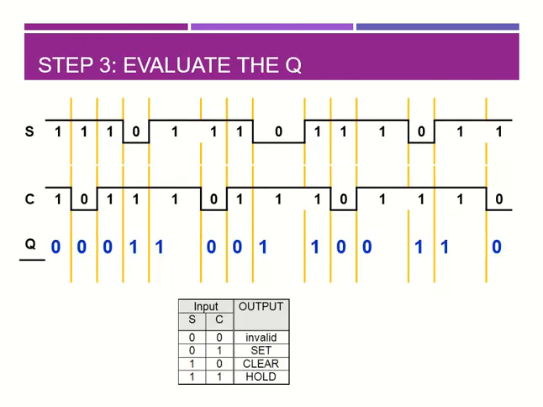Next, by using the truth table we generated, please remember this one. When you have 00, it's invalid, 01 is set, 10 is clear, and 11 is hold. So you just analyze step by step. This is 11, so it should be hold, but for the first step usually we will have a 0. Then the second one, S is 1 and C is 0, so I have 10. It is a clear, so you have a 0.